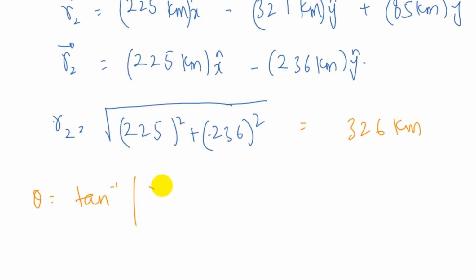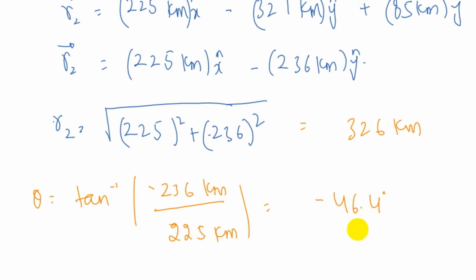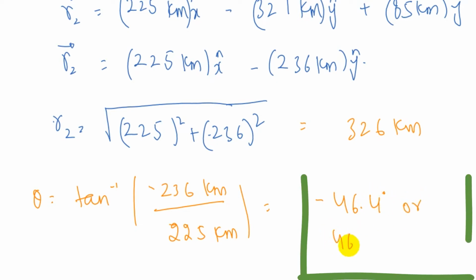Y component we have minus 236 kilometer and the x component we have 225 kilometer. On further solving this, we'll get this value to be minus 46.4 degrees. And why is this negative? Because it's below the x-axis. Or we can write that it is 46.4 degrees south of east.